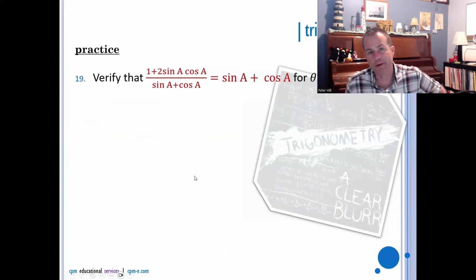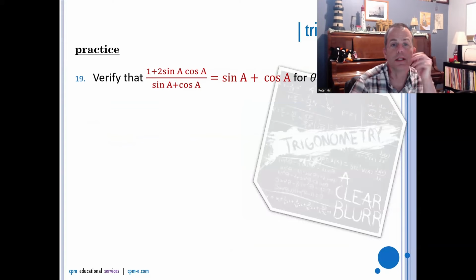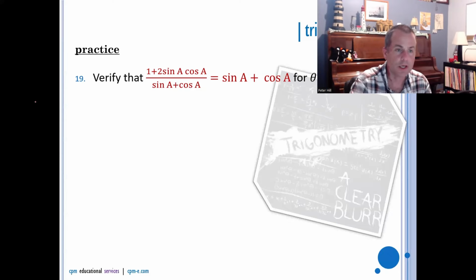Okay, verify. Now, super important with a verification that you plug in the value you were given right away. Now, this might be a bad example to say that with, because you're looking at this and saying, well, what else would I do? But let's say I'm going to sidebar this for a second.